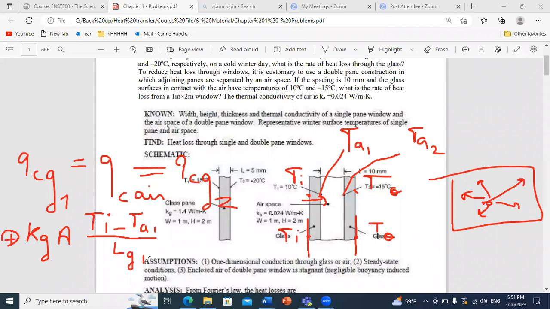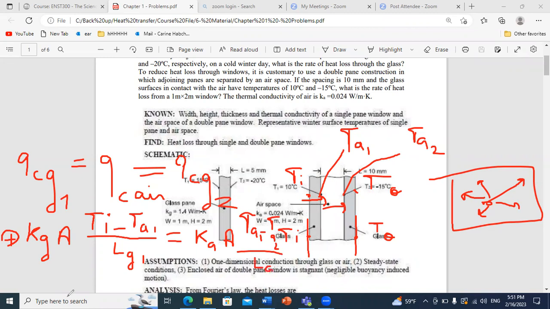Equals to, in air, how can you write your flux? It's K air times the area. Now it will flow in this direction from TA1 to TA2. So times TA1 minus TA2 over L of air.